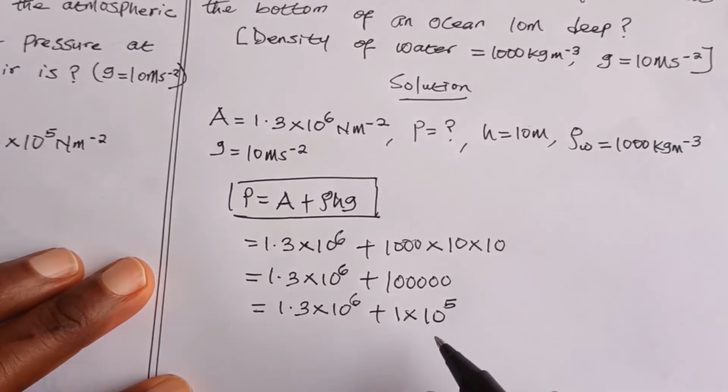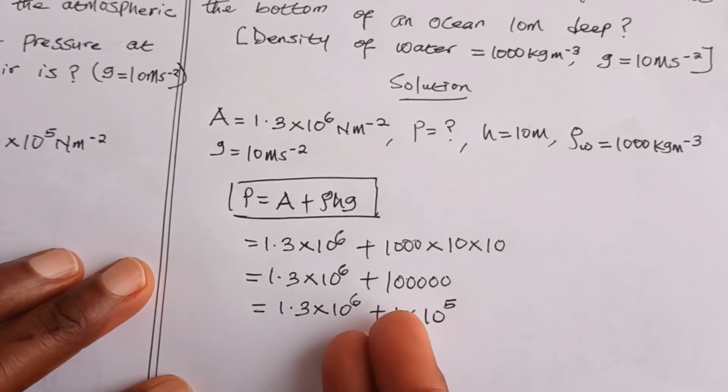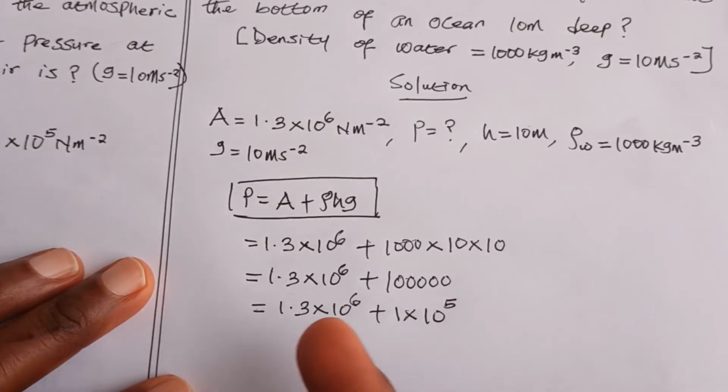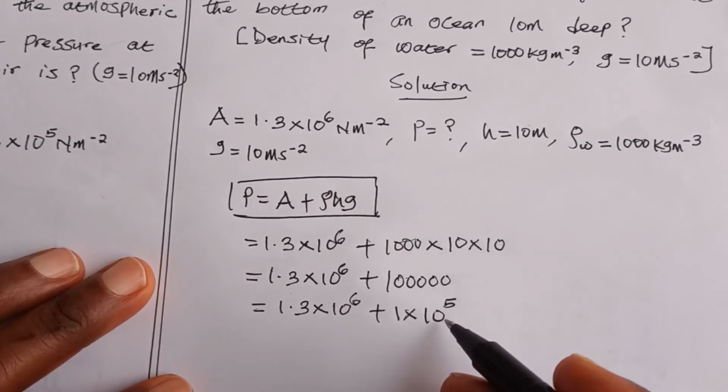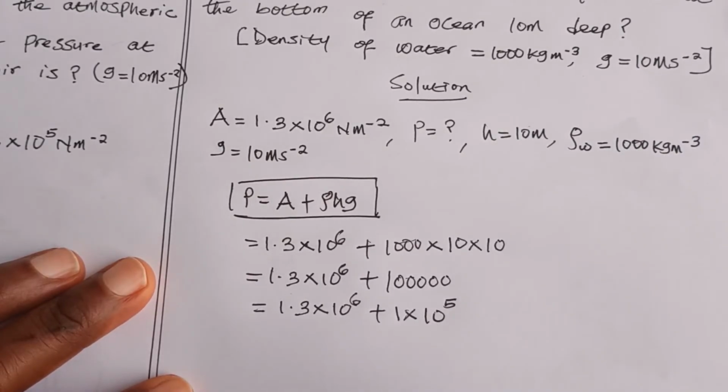Now, we had a similar problem from what we did earlier, from the last problem we did, when you have different powers. So you have 10 to the power 6 here, and you have 10 to the power 5 here. So the best thing you can do is to make sure that you transform the other one to be 10 raised to the power 6. So what do I mean?